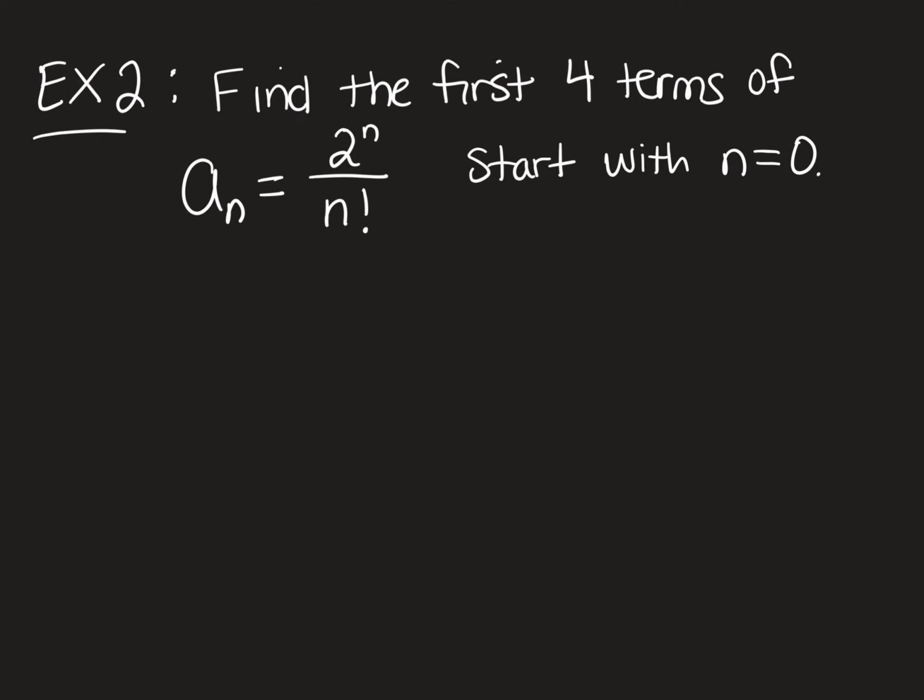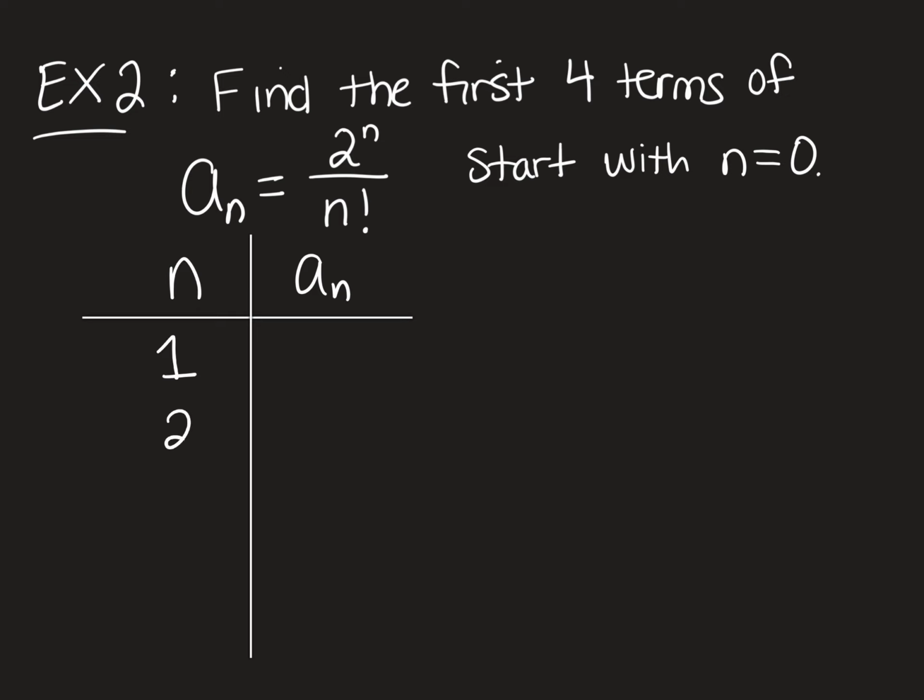Now, I don't care how you do this. You organize your thinking, whatever works best for you. I'm going to go with probably making a table again, just because for me that makes things a little bit easier. So I've got a sub n, n and a sub n. All right, so I want to find the first 4 terms, 1, 2, 3, and 4. So let's talk about the first term.